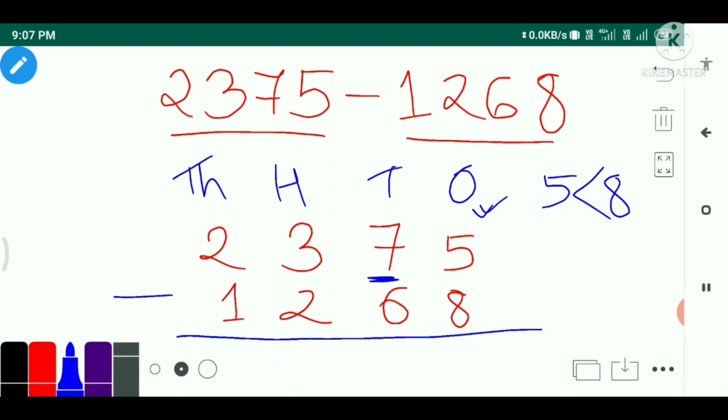So 7 will lend a number to 5, right? While giving the number, the 7 will reduce by 1 and it will become 6.